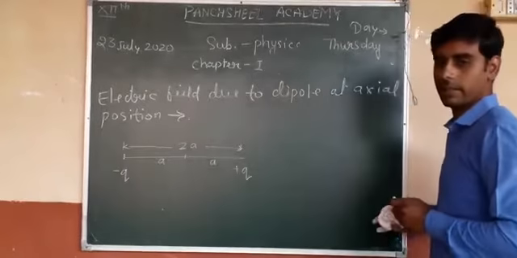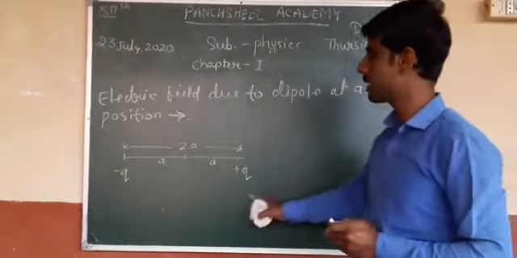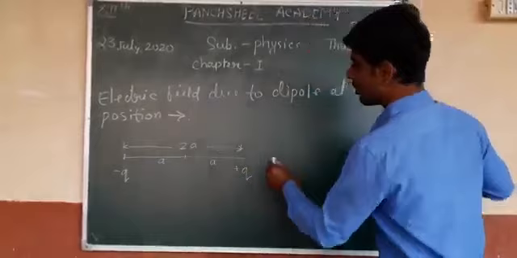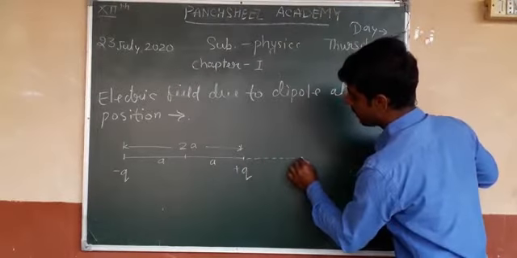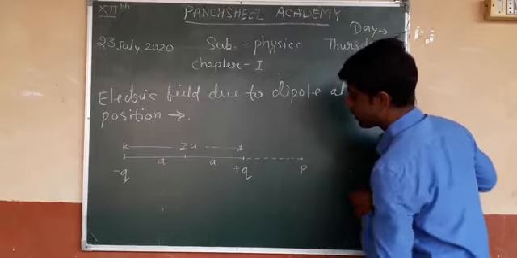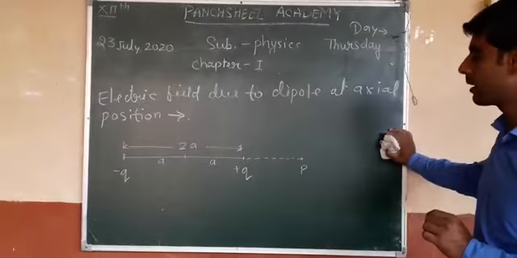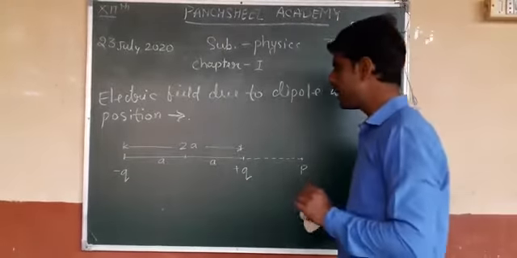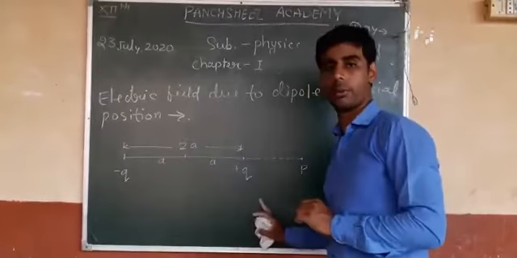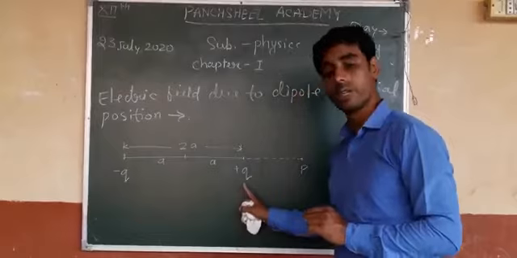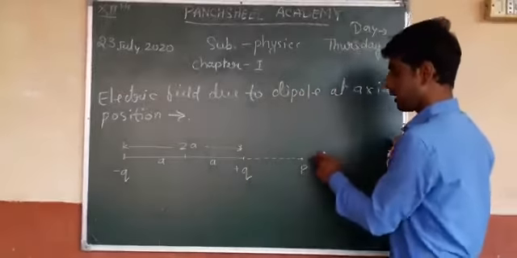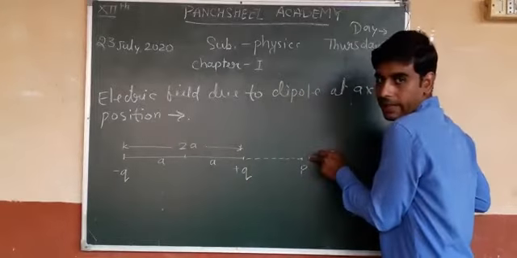So I write here that the separation between these two charges is 2a. Now our interest is to find the electric field at point P due to this dipole, with minus q and plus q charges.